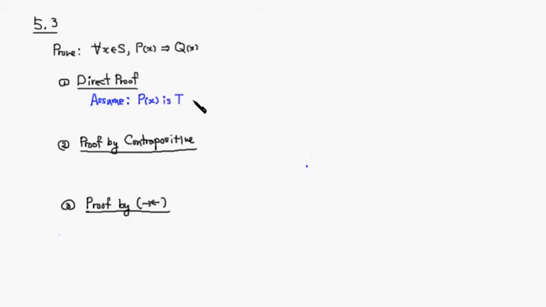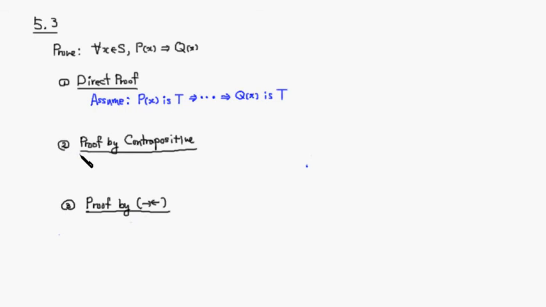Then use that assumption to lead to the conclusion that Q of x is also true. So that's the direct method.